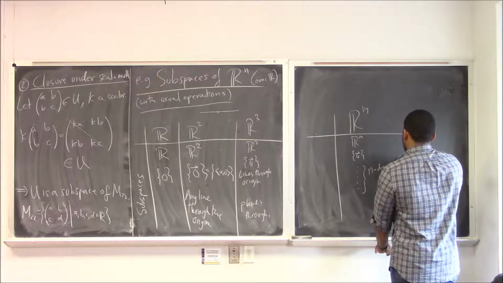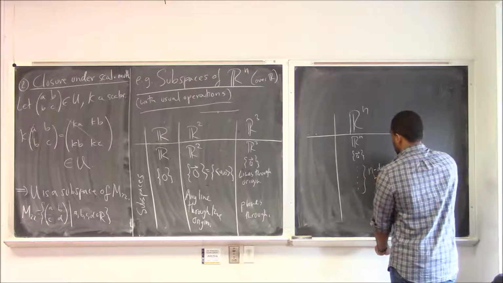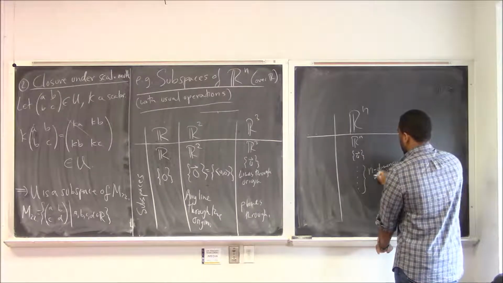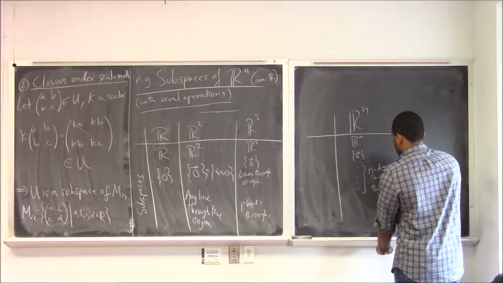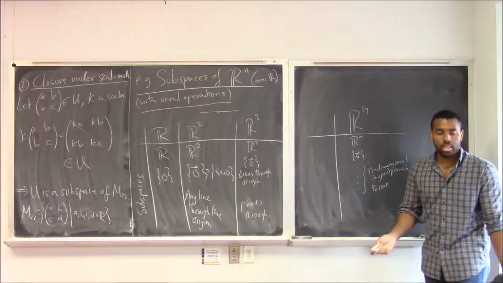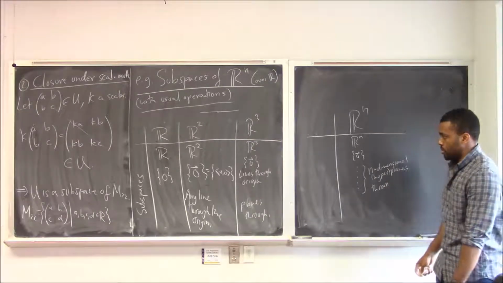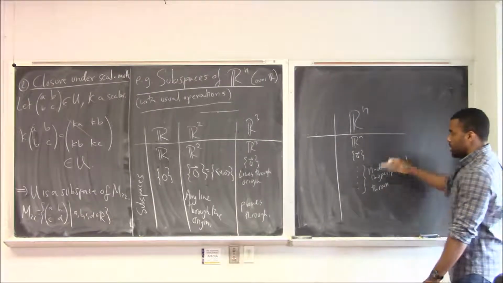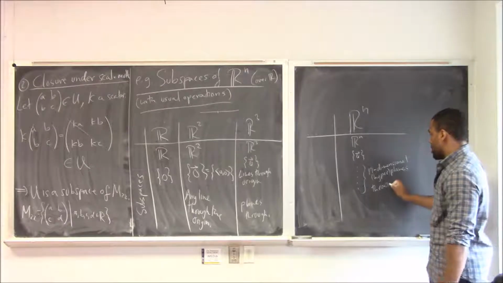n-dimensional hyperplanes through the origin. The one-dimensional hyperplane through the origin is just a line. The two-dimensional hyperplane through the origin is just a typical plane that you can draw in Calc 3. But higher than that, we just have higher dimensional planes.